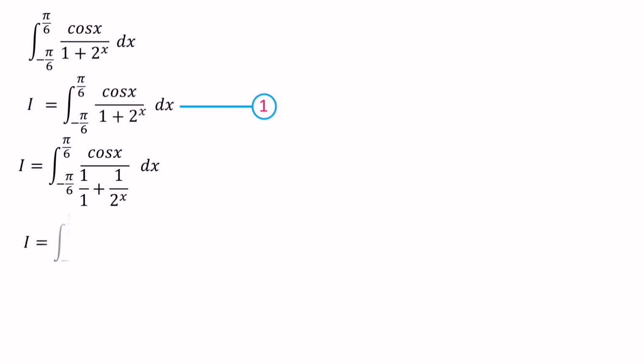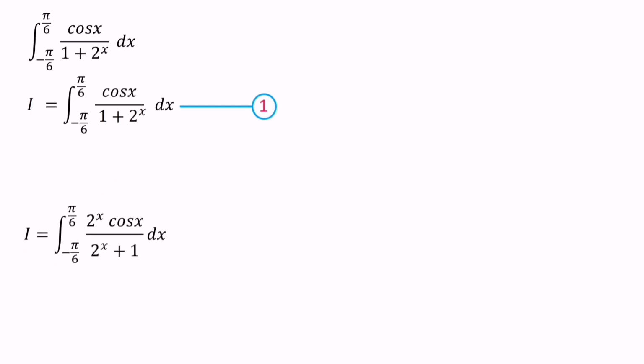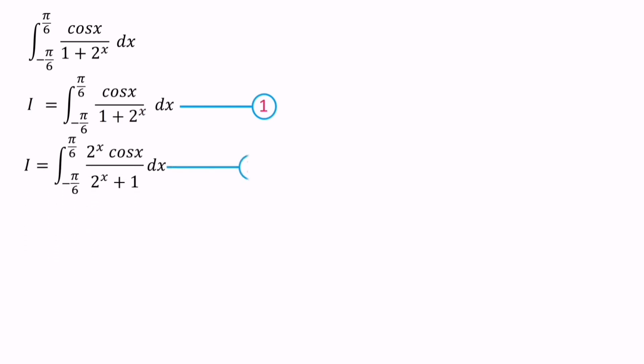It is 2 to the power of x. The denominator of the denominator we can write as numerator. Then we have integral 2 to the power of x cos x over 2 to the power of x plus 1. Let's consider this one as equation number 2.